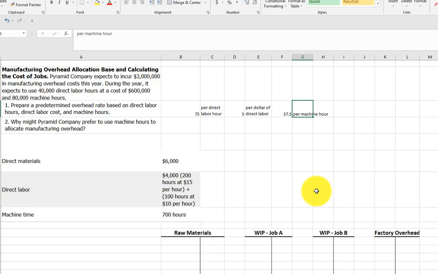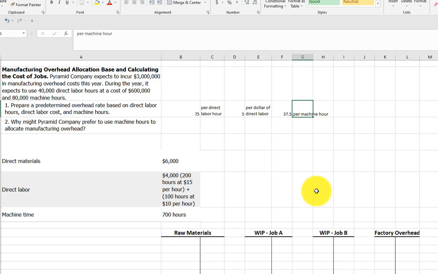Now, a couple things. First of all, you've got to track direct labor hours and direct labor cost anyway because you've got to pay your people, right? That's not a good enough reason to use it, but it is something to think about. If we're going to use machine hours, we have to be able to count machine hours.